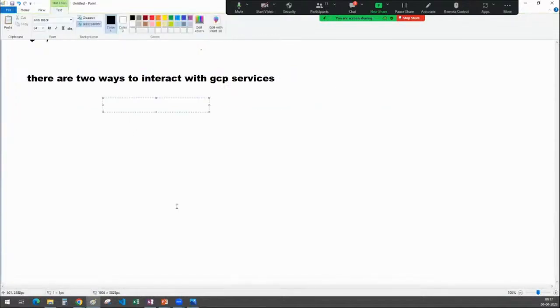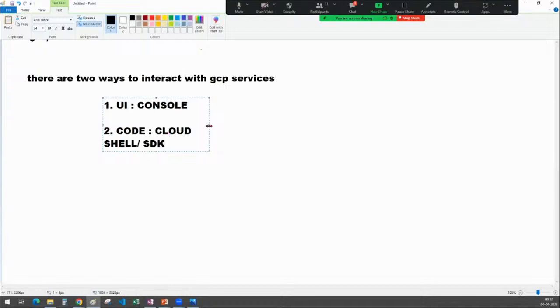One is the UI, and one more is code. The UI is nothing but the console. Code is nothing but Cloud Shell or the Cloud SDK.